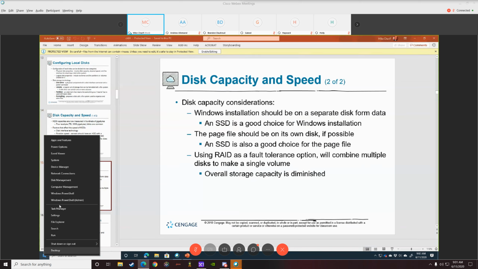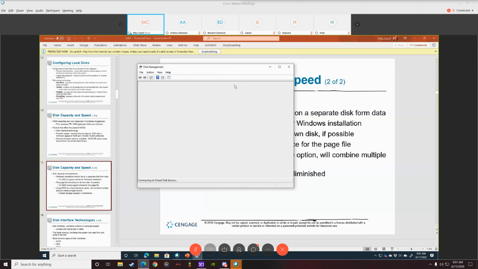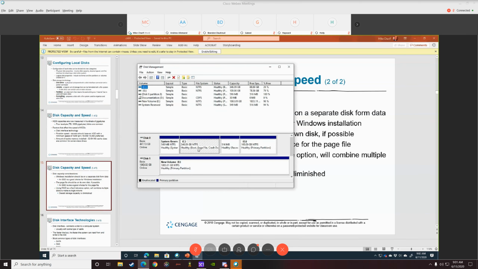Where's my disk management? Right here. So if I'm going to combine different drives together, I need to change from basic to dynamic. See, I have drives here, it's basic, and this is basic.